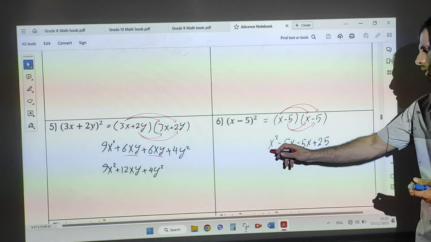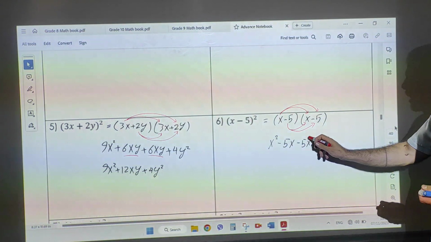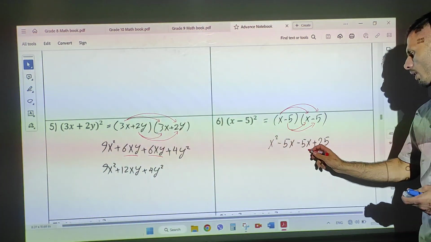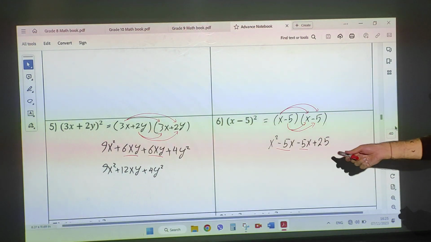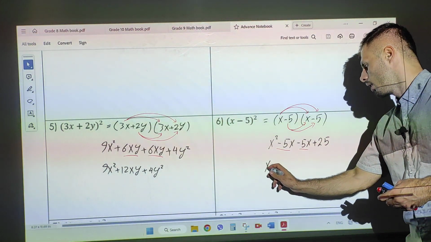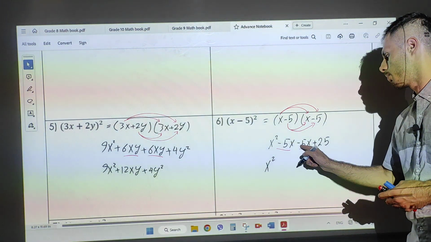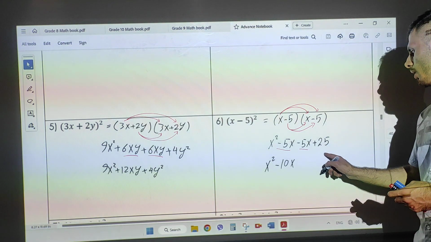We have x power 2, negative 5x, negative 5x. We can do the subtraction or addition. We have only a number that stays the same. X power 2, negative 5 minus 5 would be negative 10x plus 25.